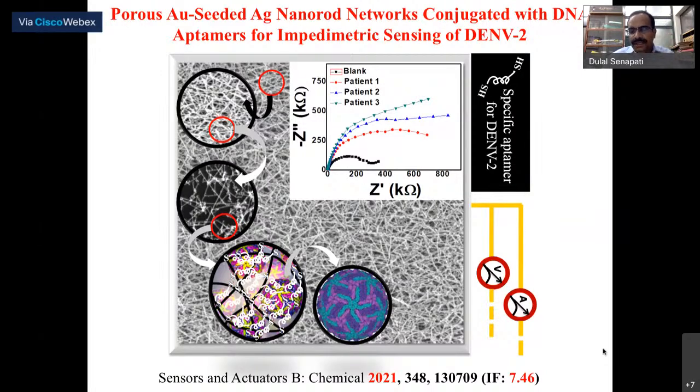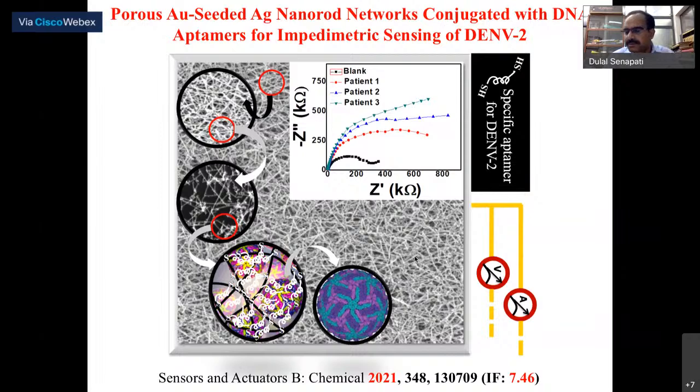Here is also one of the good applications of nanoparticles. You can see in the background a kind of nanofiber. We can make a mesh from the nanowires by coupling them through various techniques. On top of the mesh we coat an electrode material and modify the surface with specific aptamers, and then we can use this material for the specific detection of dengue serotypes.